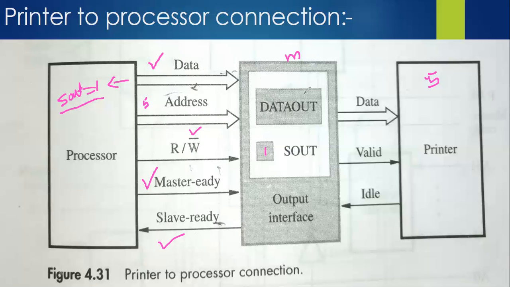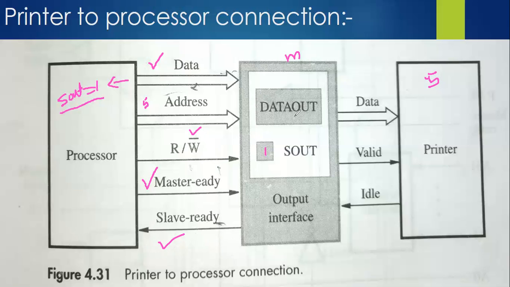After identifying the device and checking the command uploaded inside the control line, it generates slave ready. When this slave ready signal is generated, the content inside the data line of the bus will start flowing into the data out.